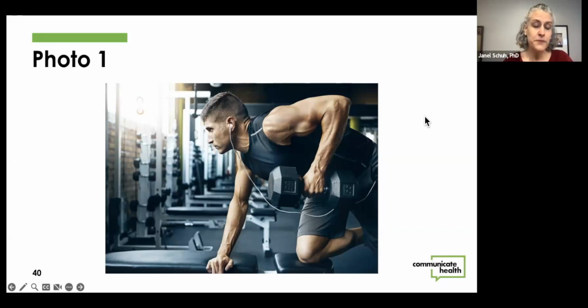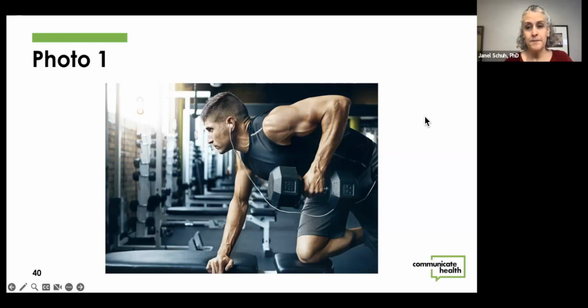Yeah, I know for the Move Your Way campaign through HHS, different kinds of physical activity was super important, and everything from designing the logo to all their materials. Having a diverse group of people, diverse in many ways.